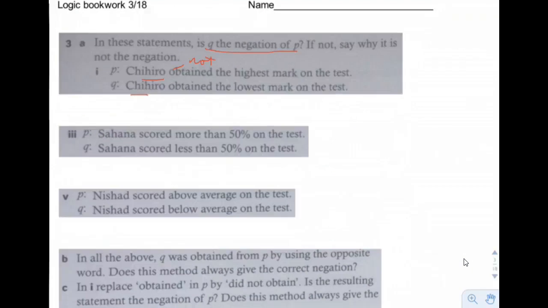Could have gotten any of the marks except for the highest mark, right? The negation of this is not getting the lowest mark, it's getting any other mark besides the highest mark. So you could say maybe Chihiro got a middle mark, okay, not the lowest mark.